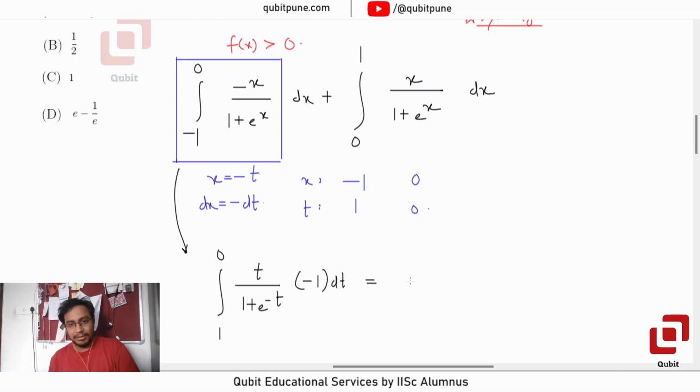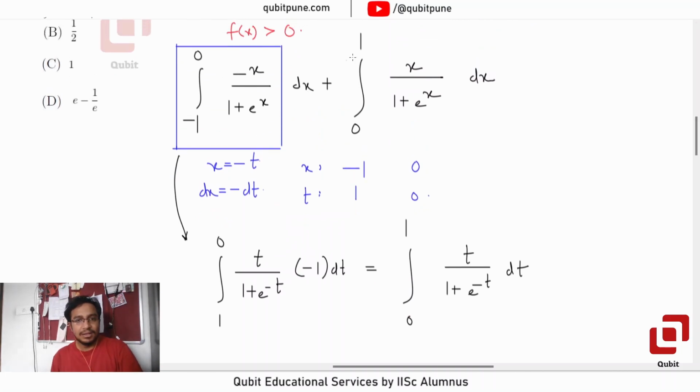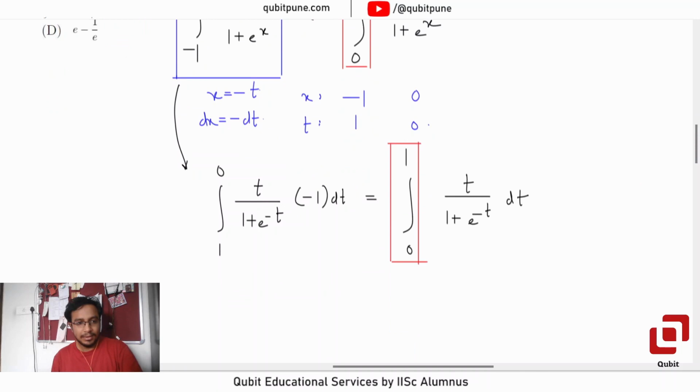Now flip the limits using the negative sign. So we also use the property of definite integration there. And now we can add the integrands because the limits are the same. So we get 0 to 1.